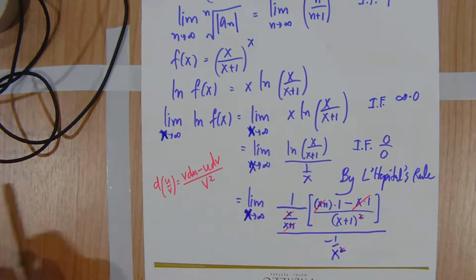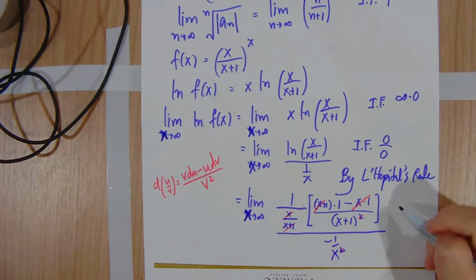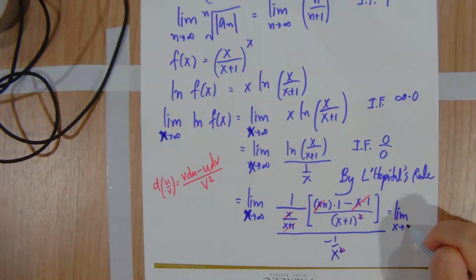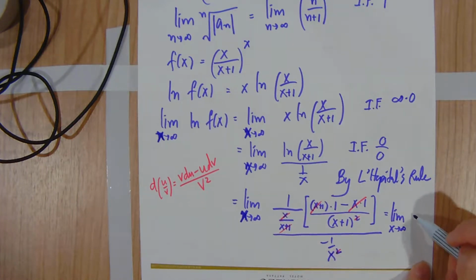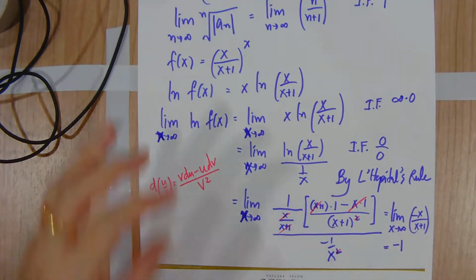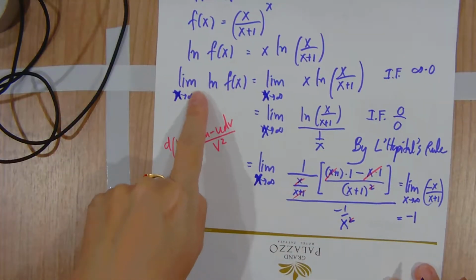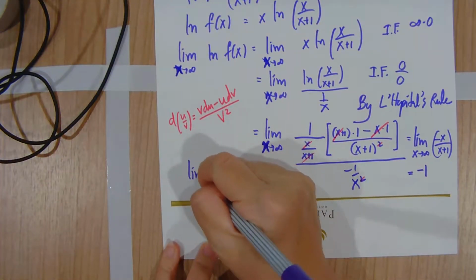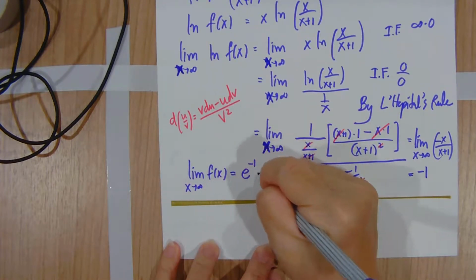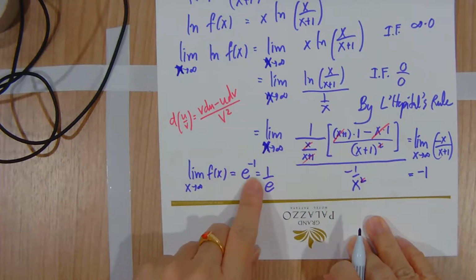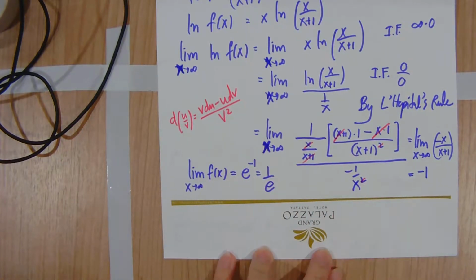So what is left is the limit of the term, which is negative 1, so this equals negative x over x plus 1, which is negative 1. But this is the limit of the log, so you have to change that back. So when we take the limit in terms of x, this is equal to e to the negative 1, or 1 over e.